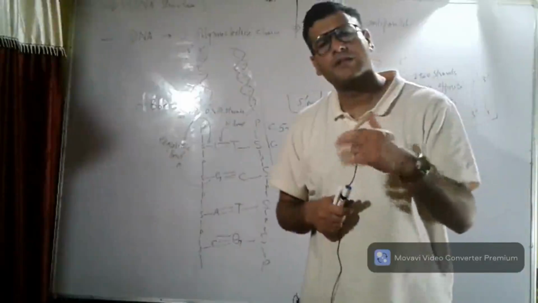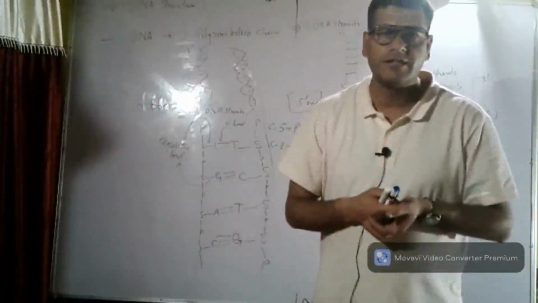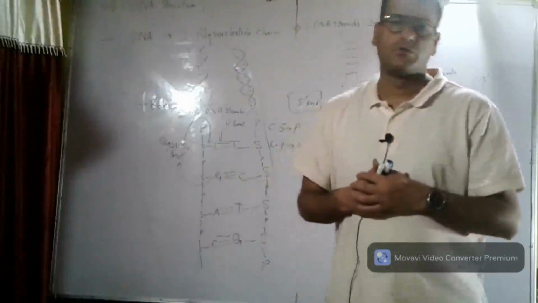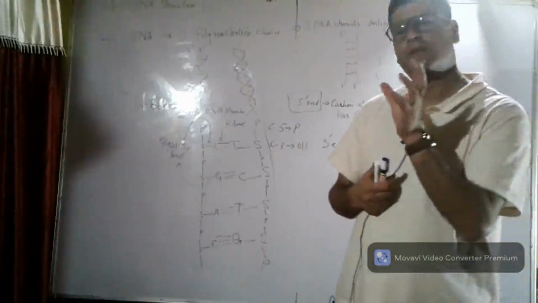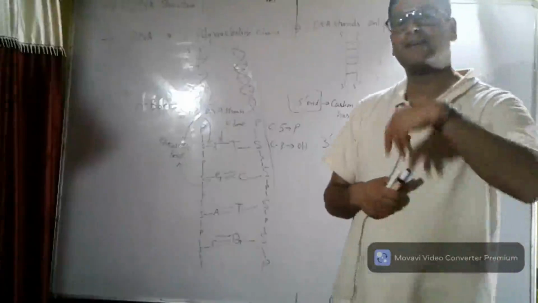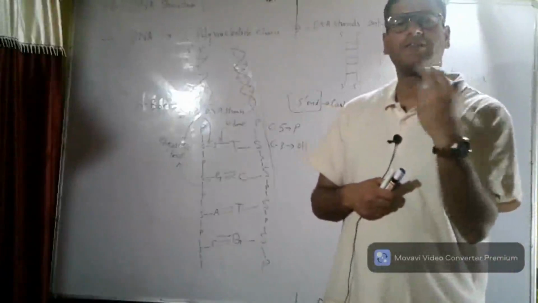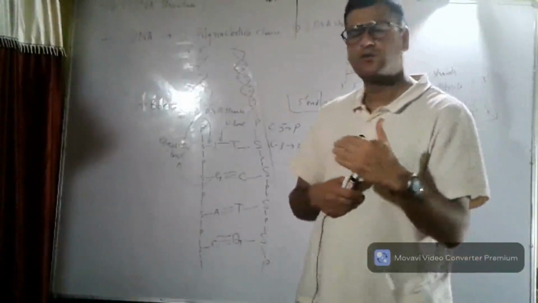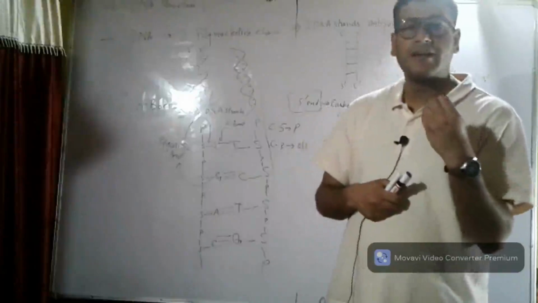Because replication always takes place in the 5 dash to 3 dash direction. To maintain the precise nature of this replication, the two strands of the DNA are antiparallel. That means they run in opposite directions. That is, one runs in the 5 dash to 3 dash direction, another strand runs in the 3 dash to 5 dash direction, so that it would help in the replication.